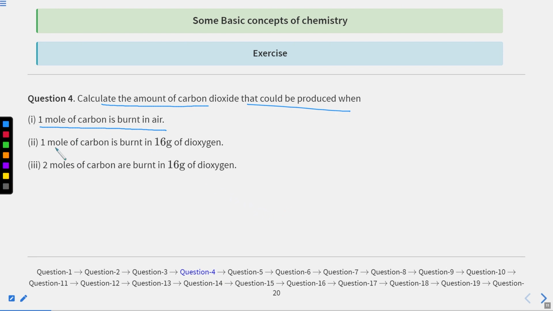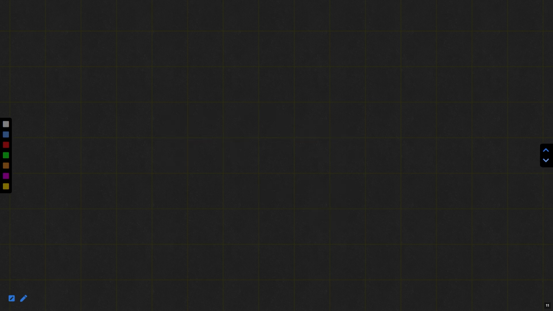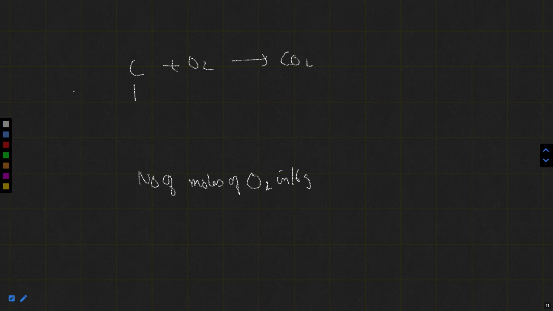Now next, 1 mole of carbon is burnt in 16 gram of dioxygen. So we again take the reaction. It is CO2. So what is the number of moles of O2 in 16 gram? That would be 16 by 32 or 0.5 moles.